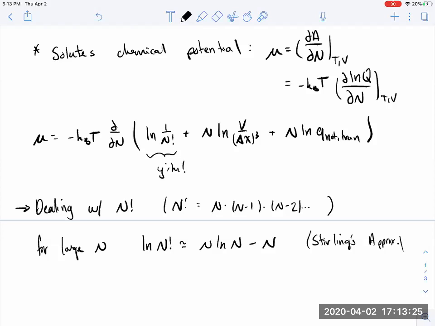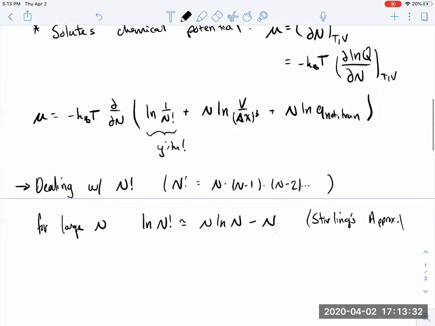Now, those are functions whose derivatives we know how to take. So now we can actually compute that chemical potential by noting that d log of n factorial dn is just the derivative of the right-hand side of Stirling's approximation. That'll be, to a good approximation, log n.